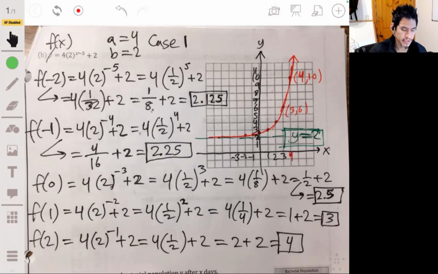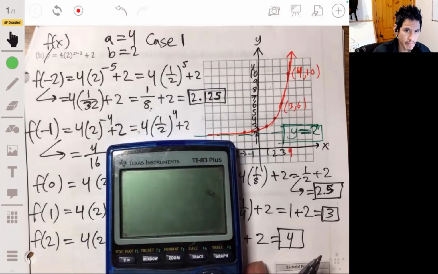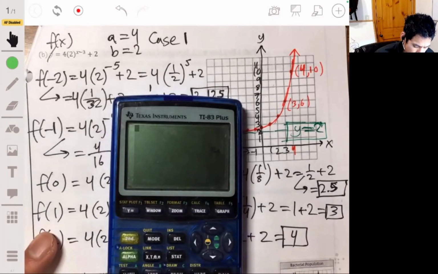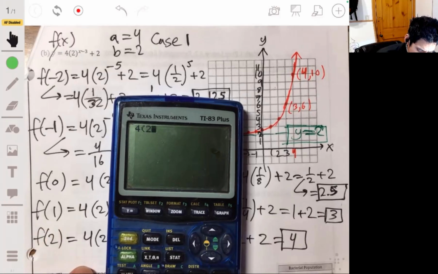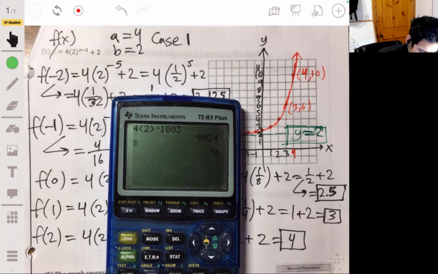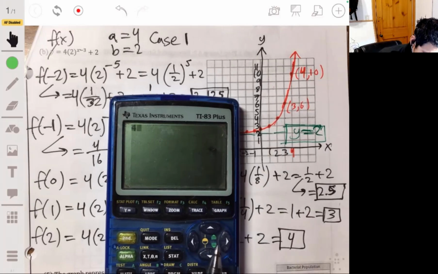And again, we can show this by, let's say, making x like negative 1000. So 4 times 2 to, let's say, the negative 1003. Plus 2. What am I doing here? 4 times. Oh, I did not do that correctly.